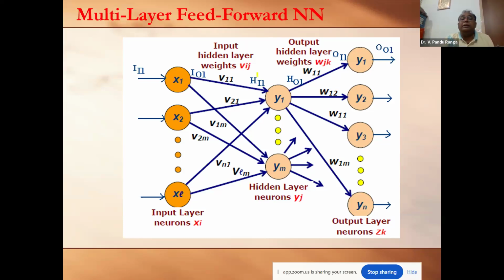If you observe, this is the structure of a multi-layer feed-forward neural network. The neural network consists of different layers, and the first and last layers are called the input layer and output layer, respectively. In between, we may have multiple layers, called hidden layers.